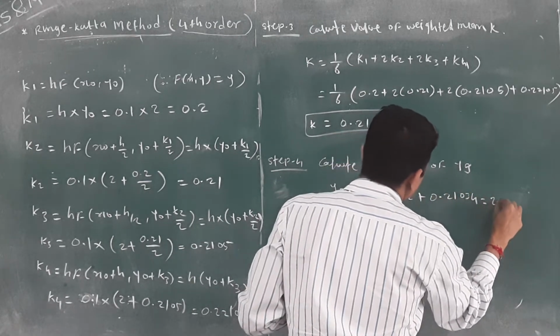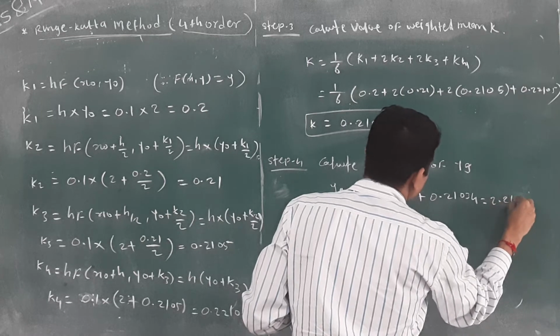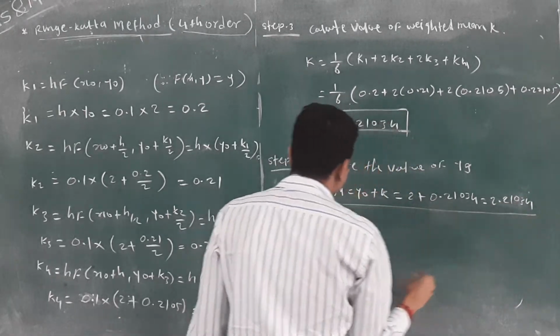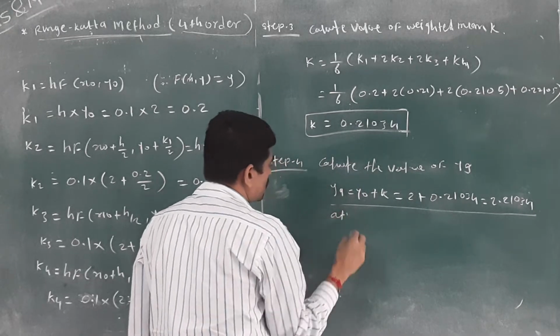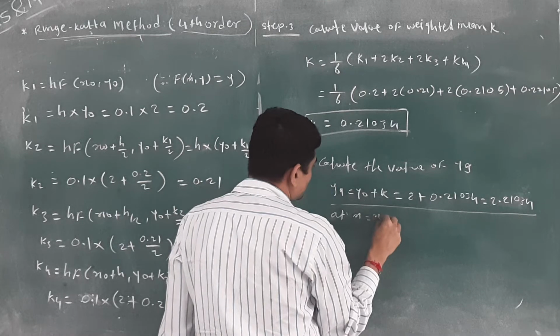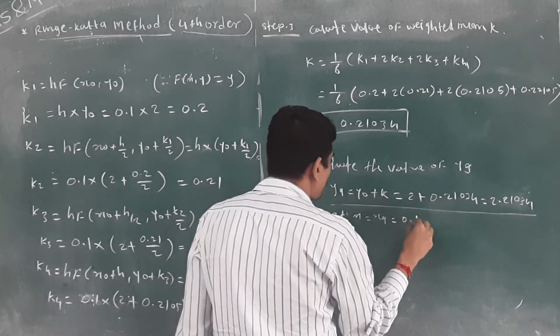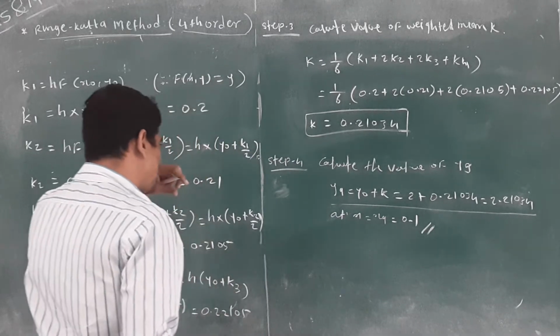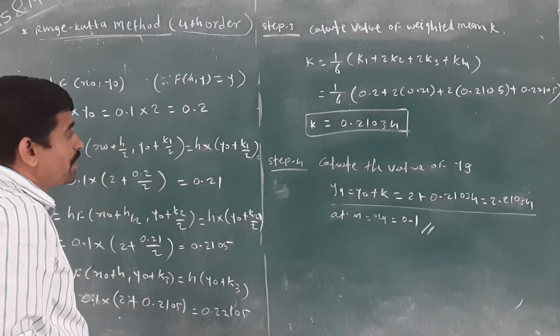What is the value? 2.21034. This you will get as yg. The corresponding value of x is xg is 0.1. This is the iteration number 1.